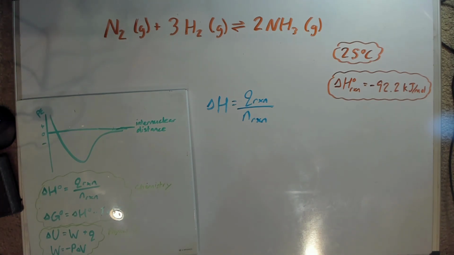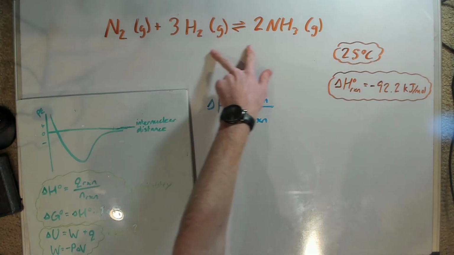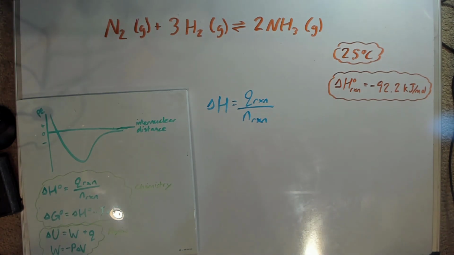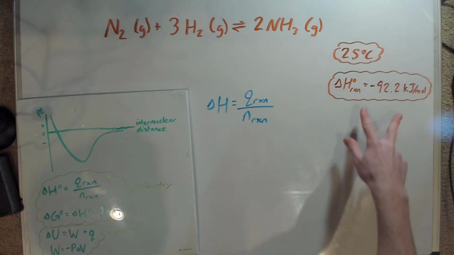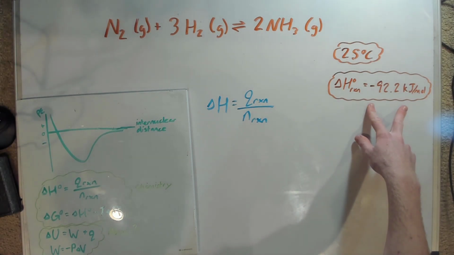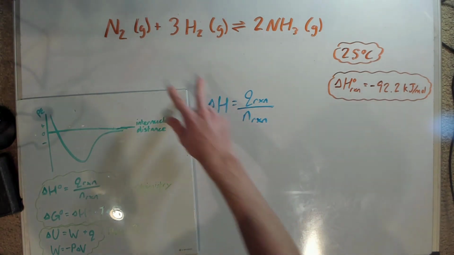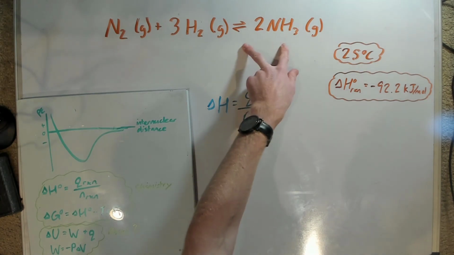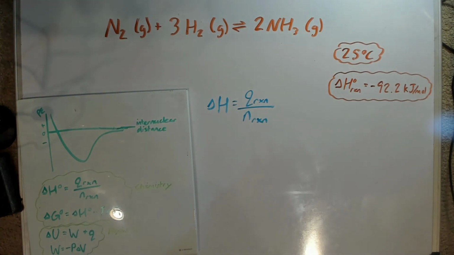Really simply, what this is saying is that if you go through with this reaction any amount, it's going to give off or take away from the surrounding air some amount of heat. This one specifically says 92.2, and because it's a negative, that means that's how much energy is leaving the system. So that's how much energy is leaving the molecules and entering the surrounding air or surrounding gas or surrounding anything.